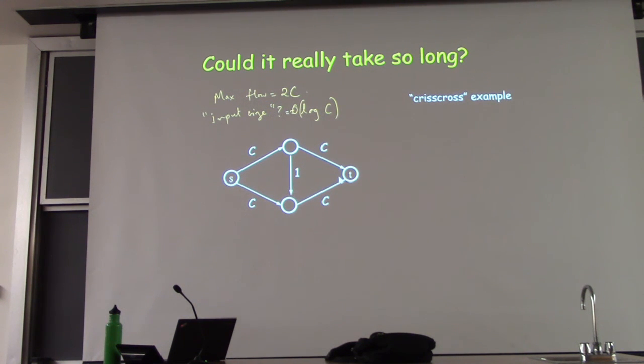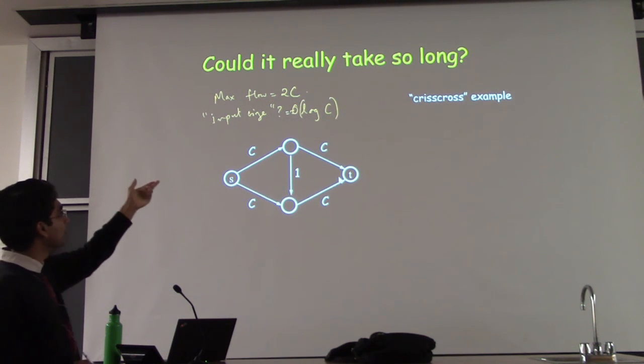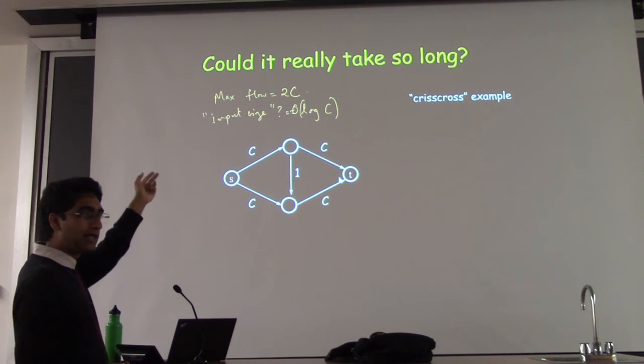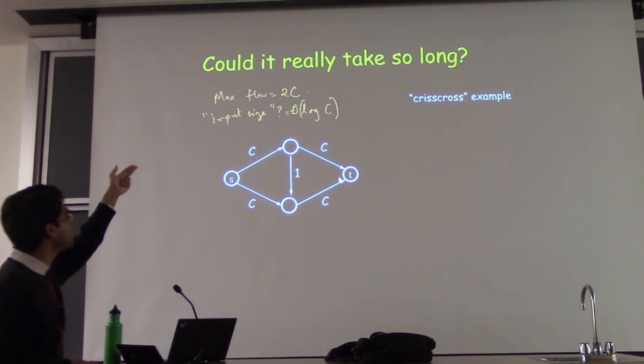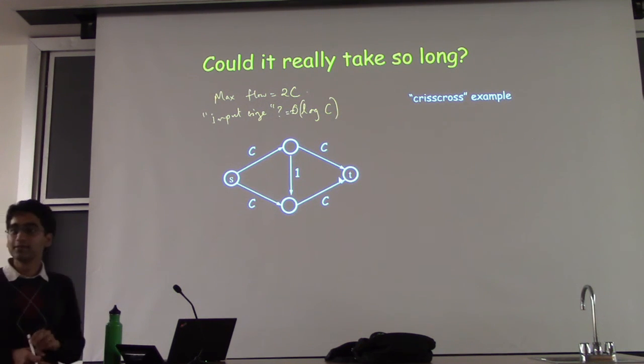So how much memory do you use? If C is 10 to the power of 30, then you write down C as 1 followed by 30 zeros, so it only takes 30 units of memory. To write down the input takes only O of log C, while your algorithm has running time C, which is exponential in the input size.